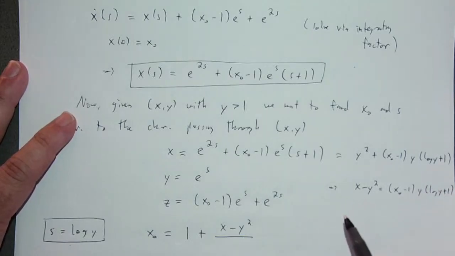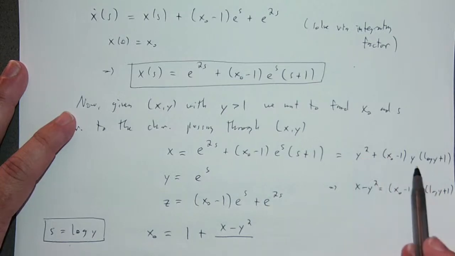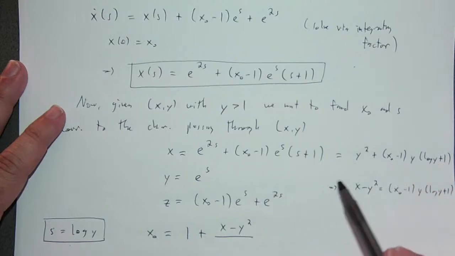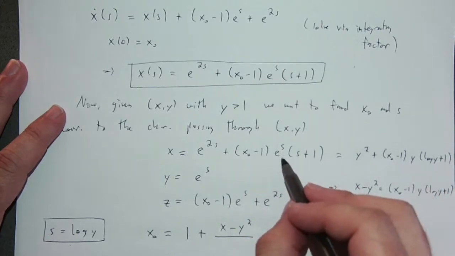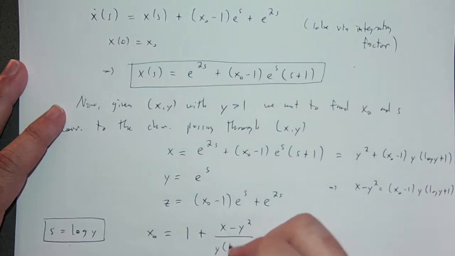So this is subtract y squared here, divide by y log y plus 1, and add 1. Yeah, okay. Let's see, e to the log y. Yeah, that's y. Okay. Log y plus 1. Yeah. There we go.